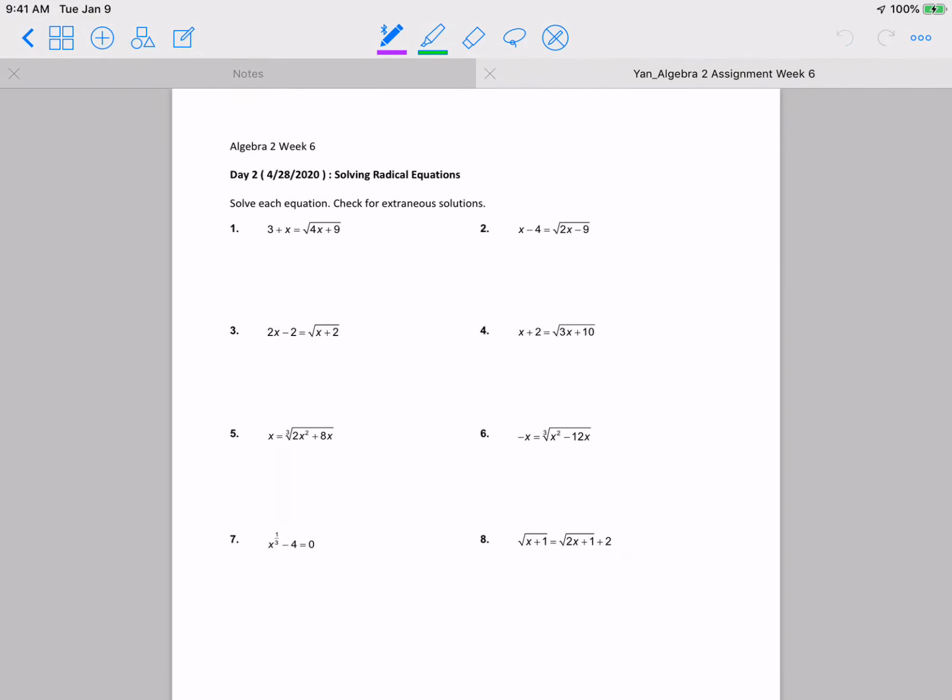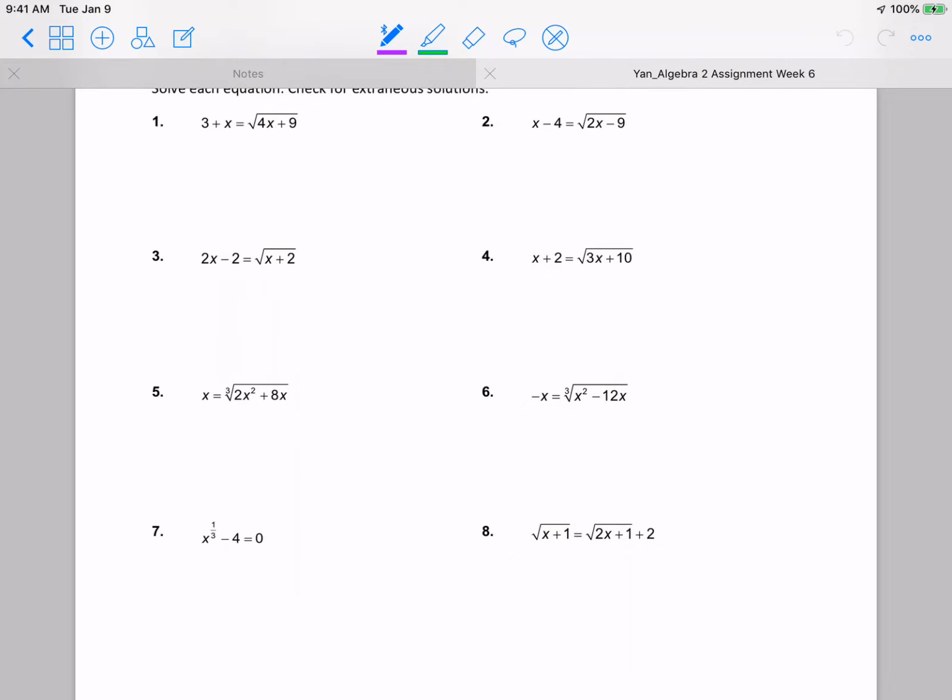Let's move on to day 2 and do some questions from here. Day 2, we have 8 questions. So I'm going to show you guys actually 2 questions. Okay, and then if you have any more questions, you can ask me on Zoom day. Okay, so number 1, let's do number 1.